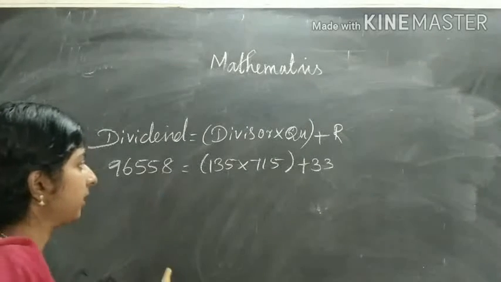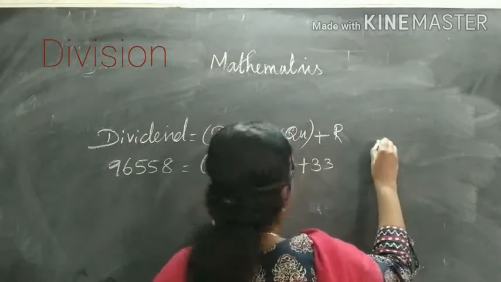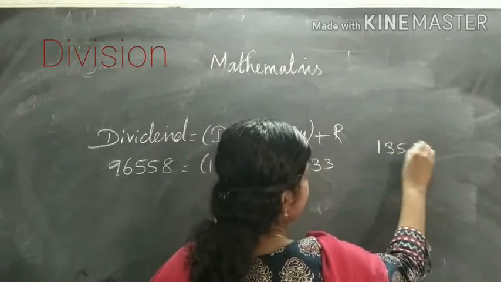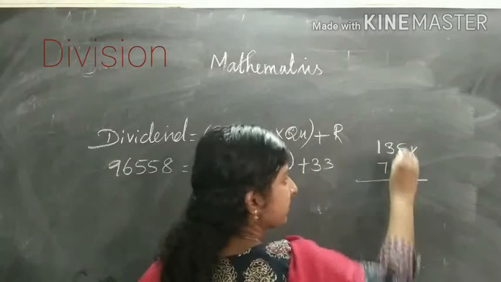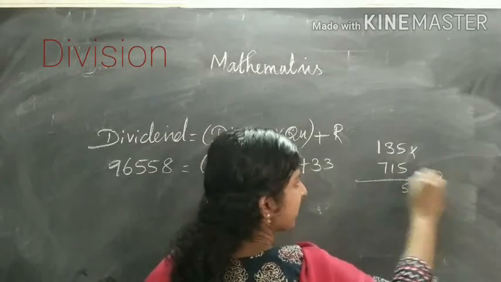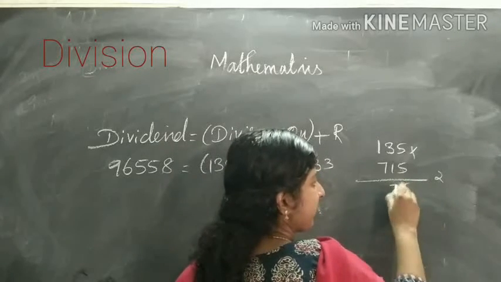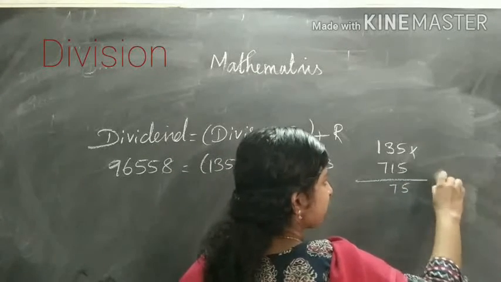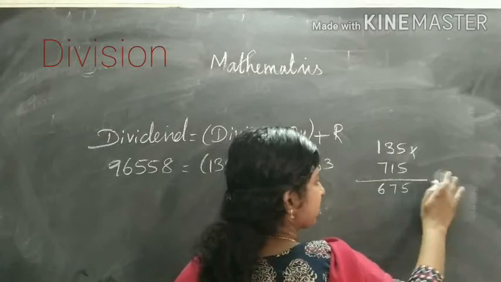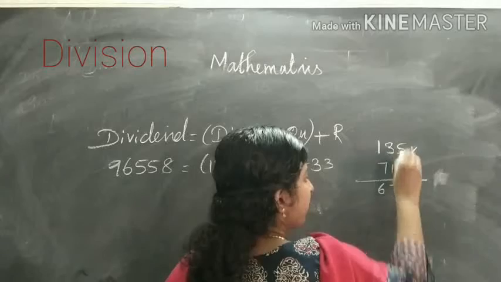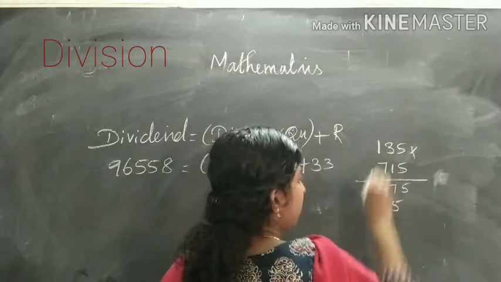Okay. 135 into 715. Here, 5 5s are 25, 5, 2 is here, 5 3s are 15, 15 plus 2, 17, 7, 1 is balance, then 5 1s are 5, 5 plus 1, 6, then 1 5 is 5, 1 3 is 3, 1 1 is 1.